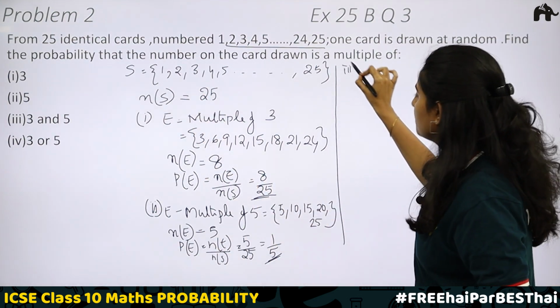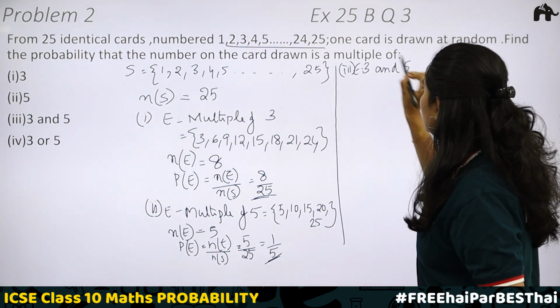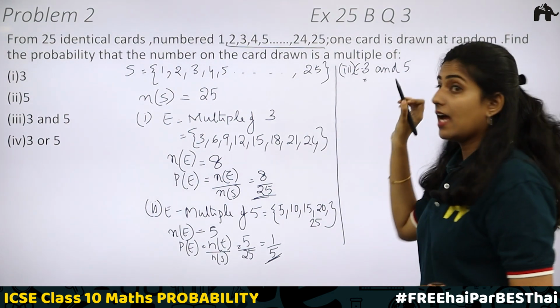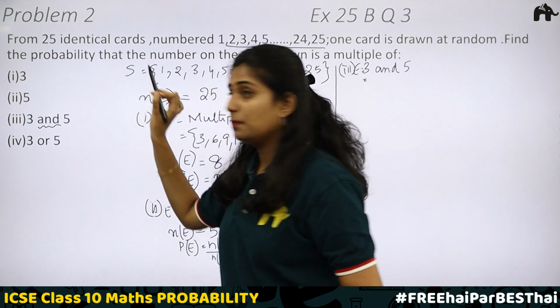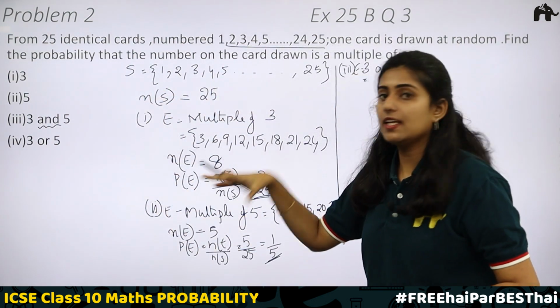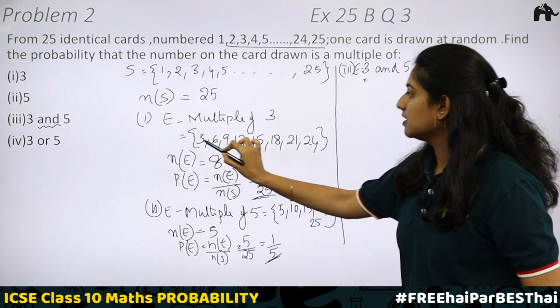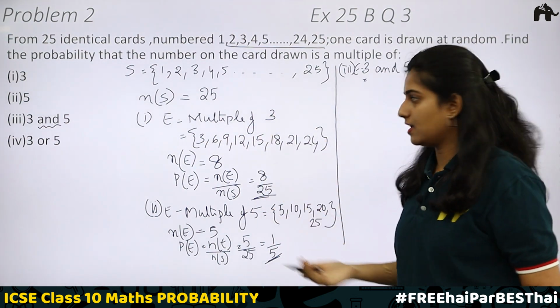Next, the third one, 3 and 5. This is the event. Multiple of 3 and 5. Remember here, this is "and". It should be the multiple of both 3 and 5. Okay. We know the multiples of 3. 3, 6, 9. Here you have to check if it is the multiple of 5 as well.